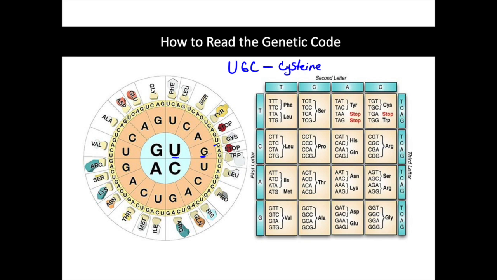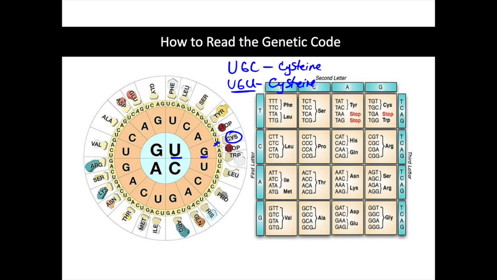But if I instead create a codon that's UGU, this codon is a mutation. I've mutated from a C to probably an A in the genome, and this results in a completely different codon. It's no longer UGC, it's now UGU. But if I look at UGU, it still encodes for cysteine.